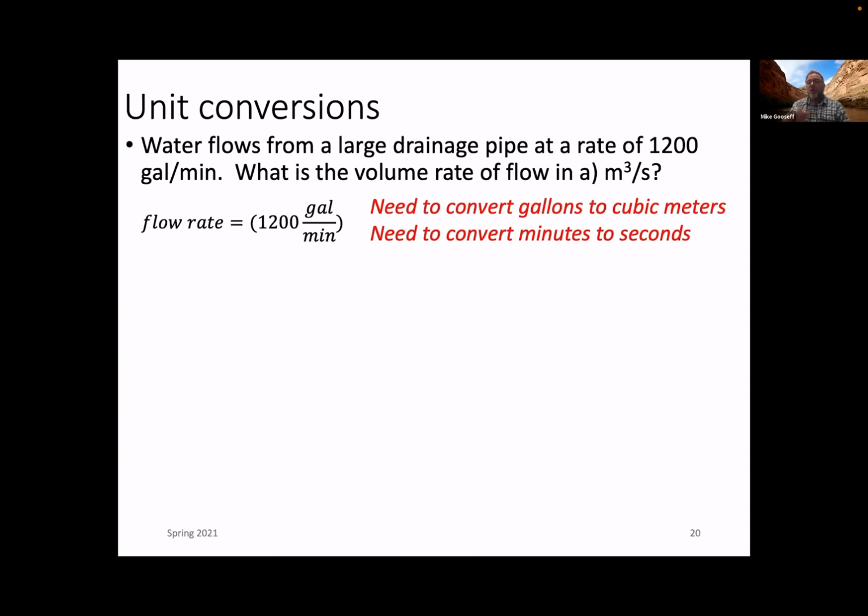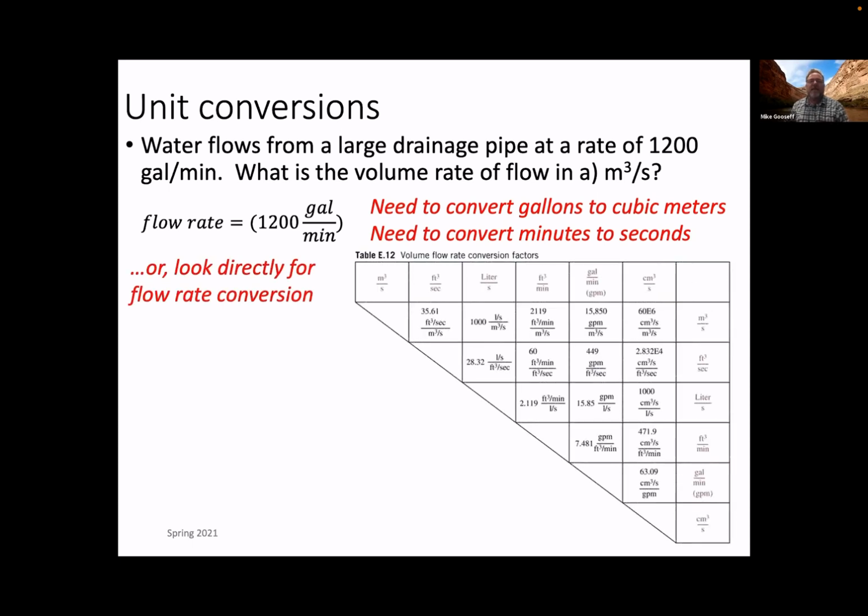You could go to those tables or Google and look up how many gallons are in a cubic meter. If you inspected those tables a little bit, you would find that there is a direct flow rate conversion. One of those subtables in Table E looks like this, and these are volume flow rate conversion factors. I should have animated this, I suppose.